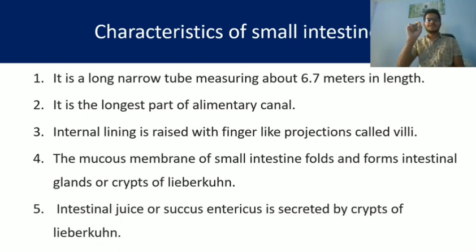Intestinal juice is secreted from the intestinal gland. The intestinal juice which is secreted from the intestinal gland is known as succus entericus. So succus entericus is the intestinal juice which is secreted by the crypts of Lieberkühn. Intestinal glands, crypts of Lieberkühn, intestinal juice, succus entericus.